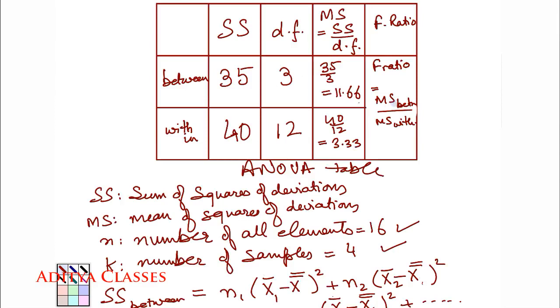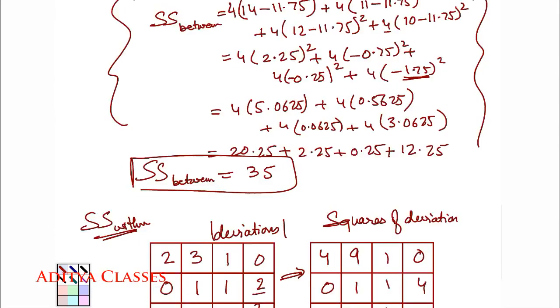And what is F ratio? It is MS between upon MS within. So it will become 11.66 upon 3.33 is equal to 3.5. Now this is my F ratio.